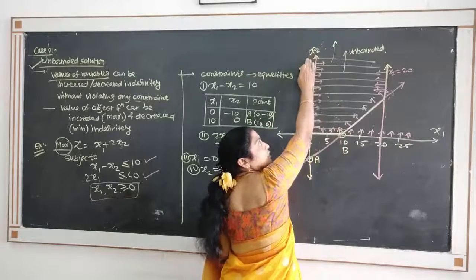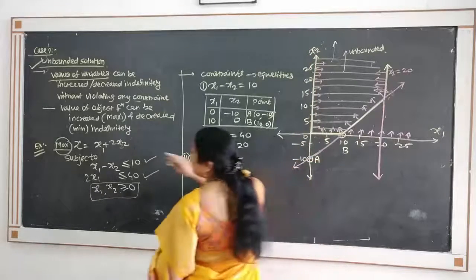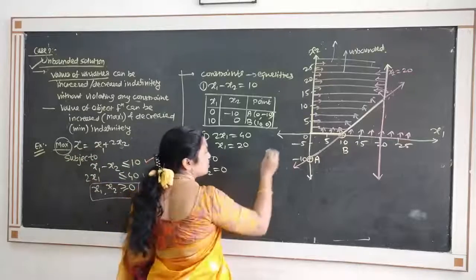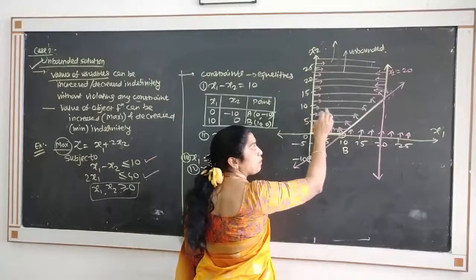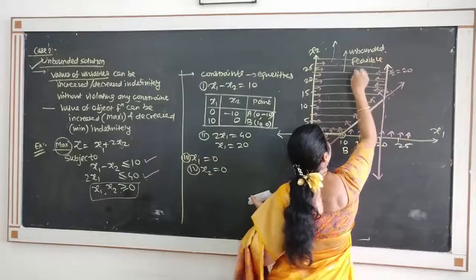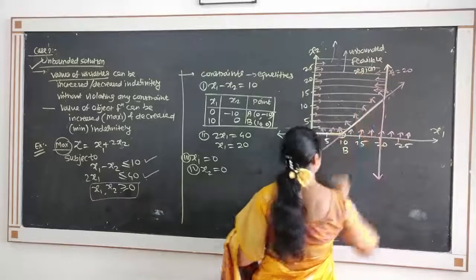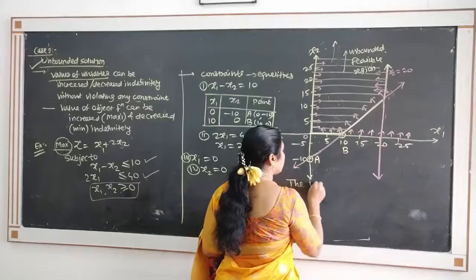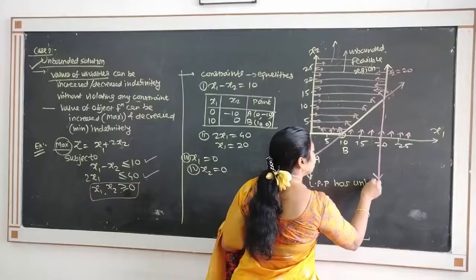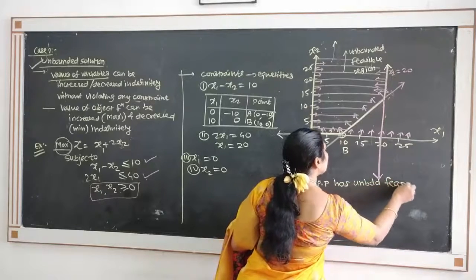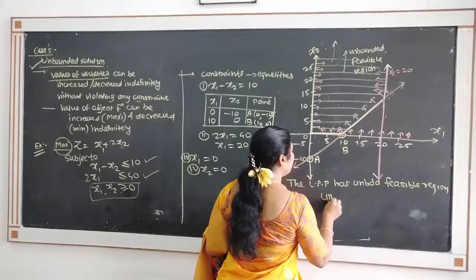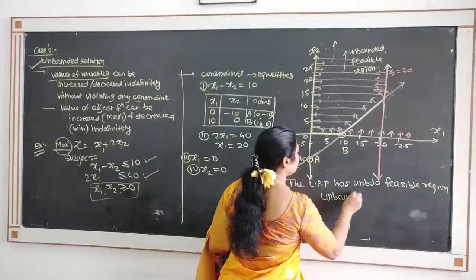So x2 increases indefinitely means Z increases indefinitely, so we are not able to find the maximum. In such cases, this LPP has an unbounded feasible region and hence an unbounded solution also.